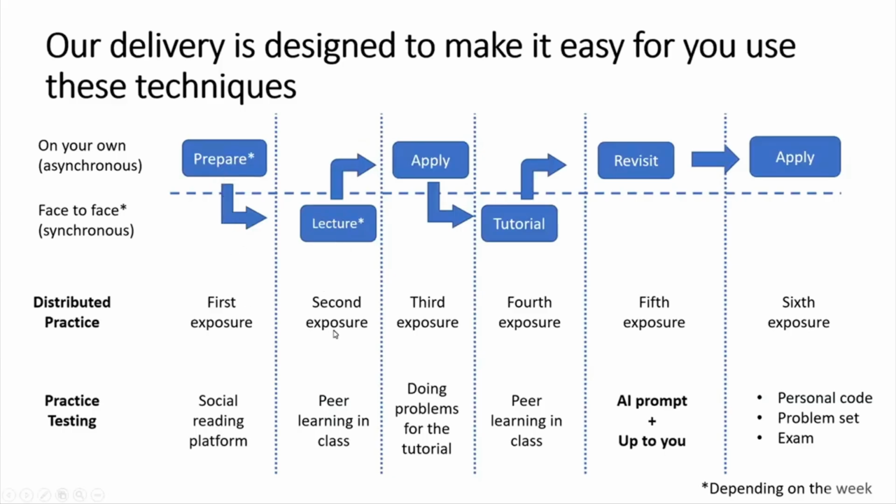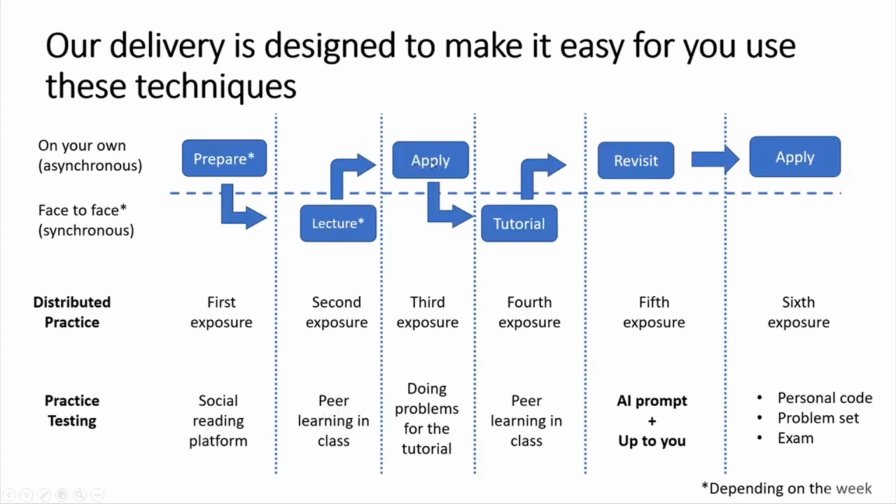Your second exposure comes through the lecture. Now, I don't lecture all of the material or all of the slides you're meant to have prepared. The aim here is actually to interact with you Socratically, so that it gets more active recall occurring around the material. And that's your second exposure. So you get some peer learning and some Socratic method in the lecture.